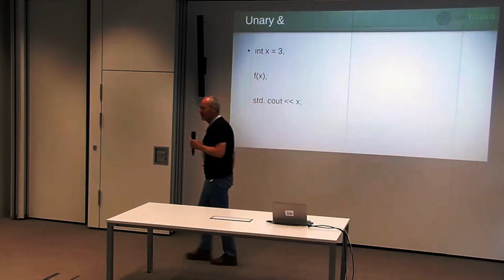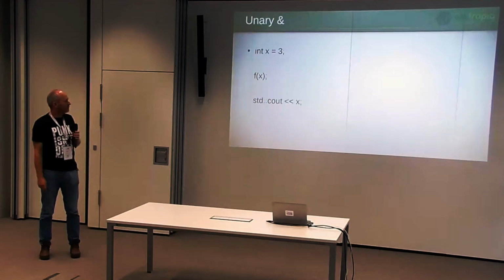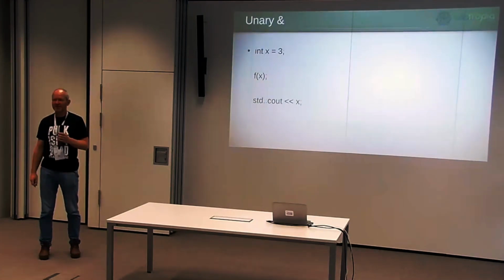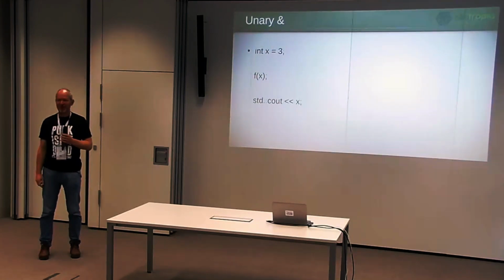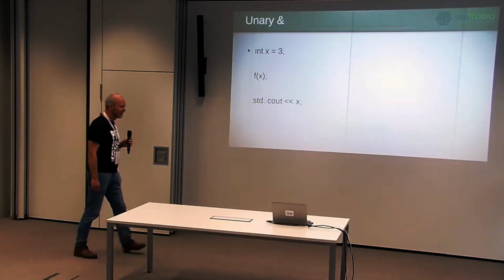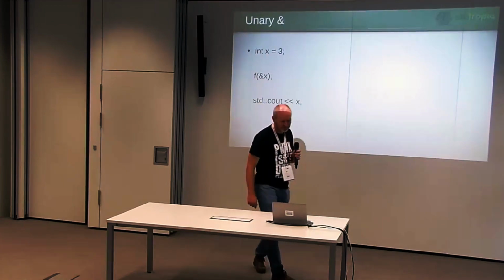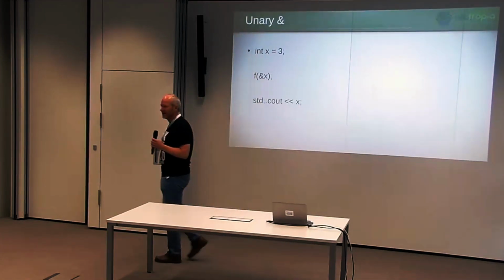Going from unary plus to unary ampersand. What gets printed here? Any ideas? How hard can it be? Extremely hard. I have no idea what gets printed there. What gets printed in this case?